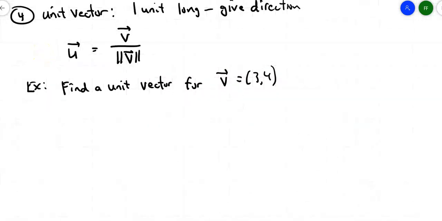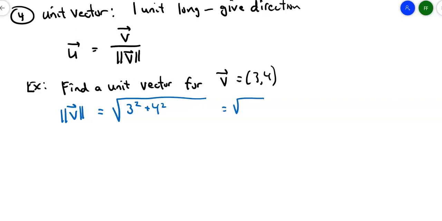So let's find the magnitude of vector v. Well, it really does come from the Pythagorean theorem. Square root of 3 squared plus 4 squared, which is going to be the square root of 9 plus 16 is 25, is 5. So the magnitude of the vector is 5. Now we should take each of those components in the vector and divide it by 5.